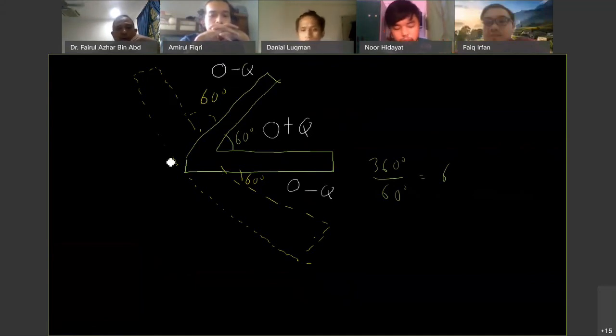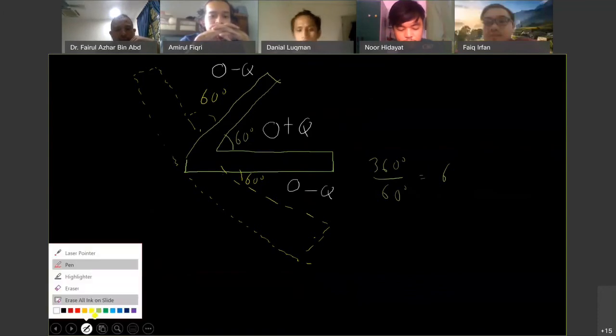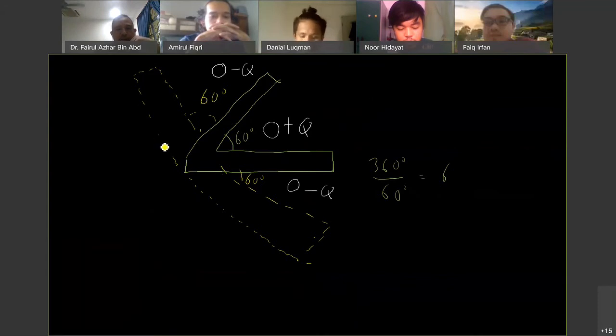Then we will need to draw another image plane, so let's say this. The angle here is 60, so we need to add another image charge here.